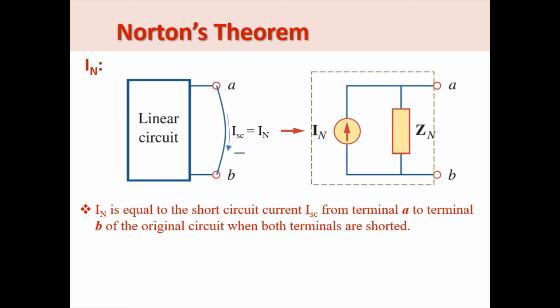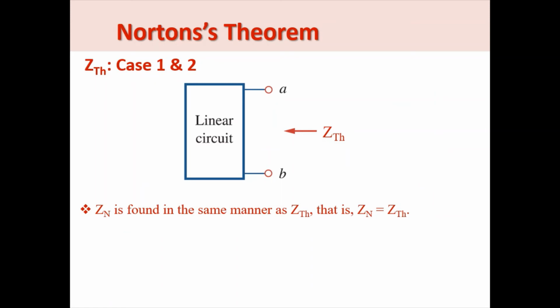Now for Z sub n, this is actually the same as Z sub th, and we can determine it again as discussed previously using the cases that we have discussed a while ago. So for Z sub n, we could compute for this same as what we have explained in determining Z sub th.